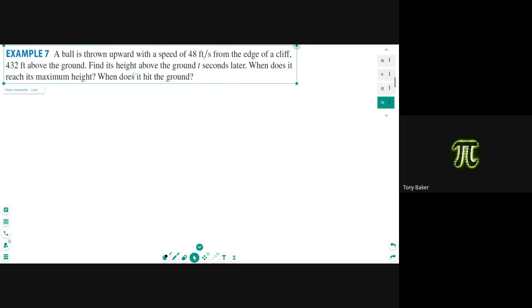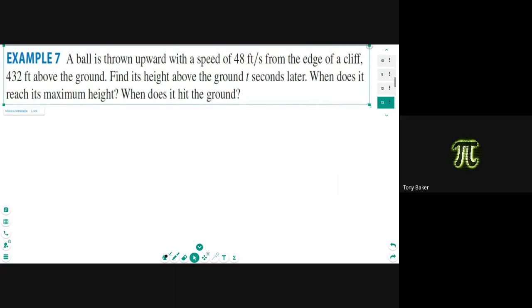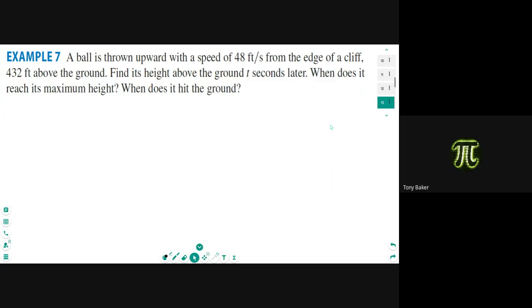All right. So a ball is thrown upwards with a speed of 48 feet per second from the edge of a cliff, 432 feet above the ground. Find its height above the ground t seconds later. So if I throw a ball, as soon as it leaves my hand, what's its acceleration?